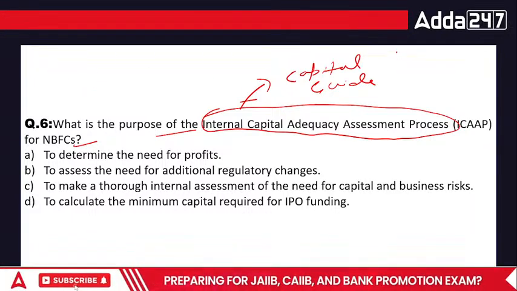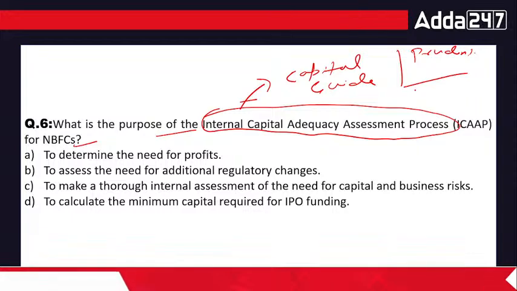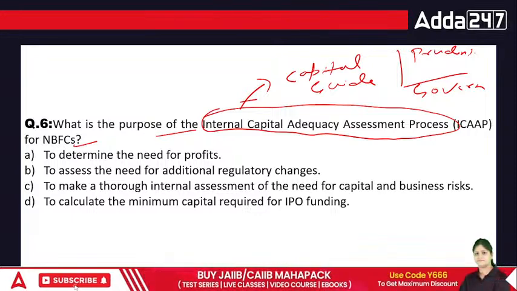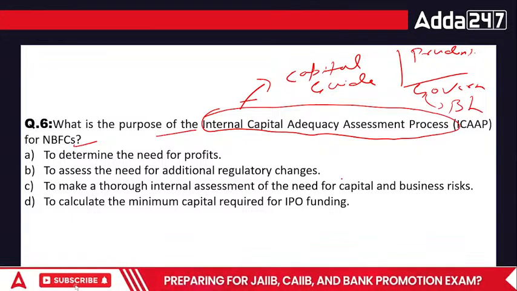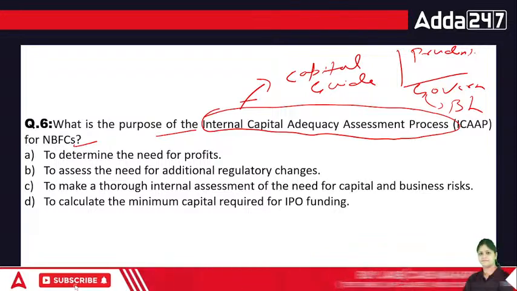Number one is capital, number two is prudential, and number three is the governance guideline. So for BL actually there is no capital, there is no prudential guideline, but yes, for BL governance guideline is there. So this is one of the capital guidelines for NBFCs, right?